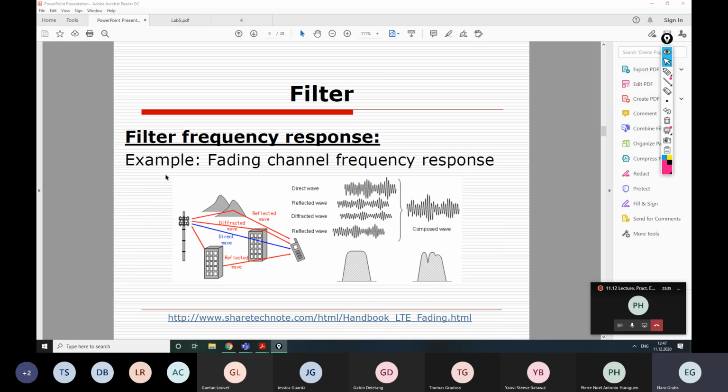And the example for a fading channel from one of our previous lectures was this picture when we had a direct radio wave and some reflected and diffracted radio wave distorting the amplitude frequency response of the channel. So ideally, the frequency response of the channel must be more or less constant in our frequency band where we are going to transmit the signal.